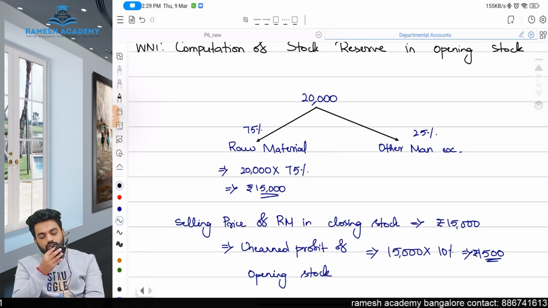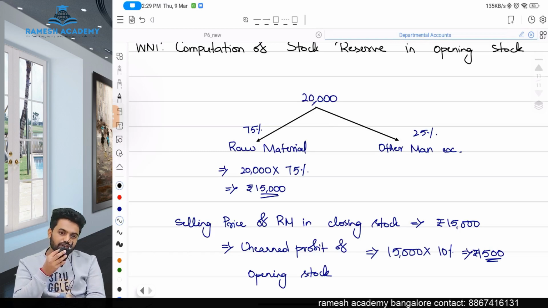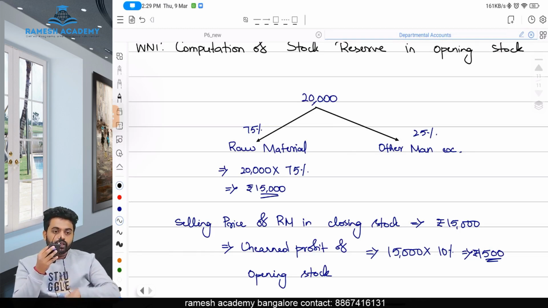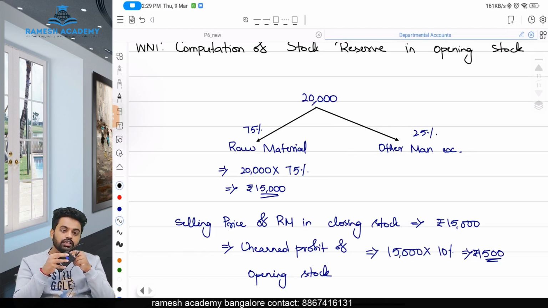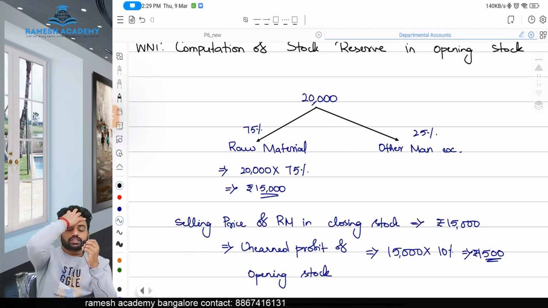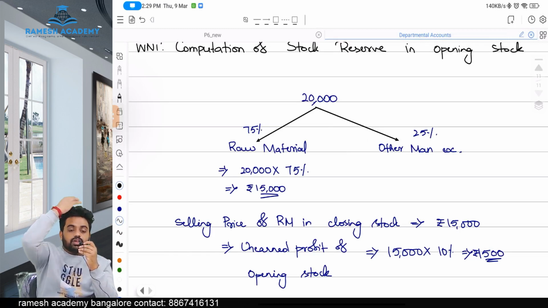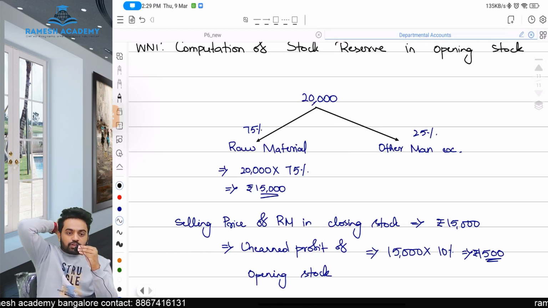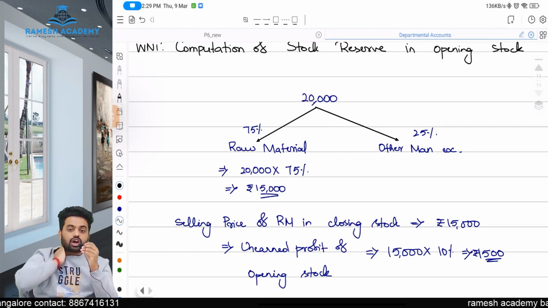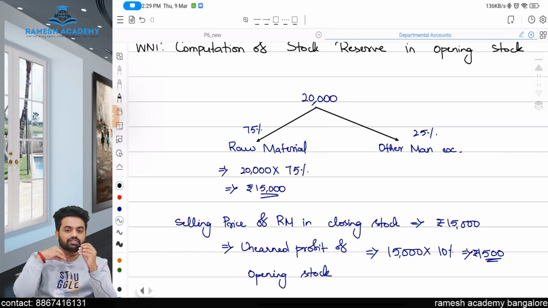Opening stock was 20,000, out of which 75% is raw material, 25% is other manufacturing expense. We are least bothered about other manufacturing expense because that will be at cost only. Raw material was 15,000. In that, profit portion was 10%. That we are going to show as a stock reserve on the debit side, opposite side of the opening stock.